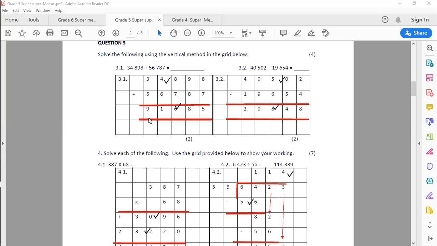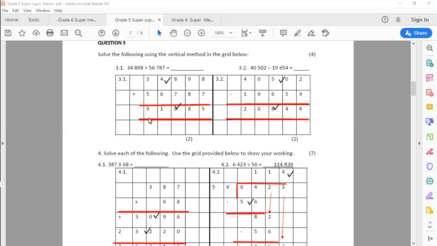And remember, when you borrow, the number system that we use is called base 10. I'll go deeper with base 10 another time.